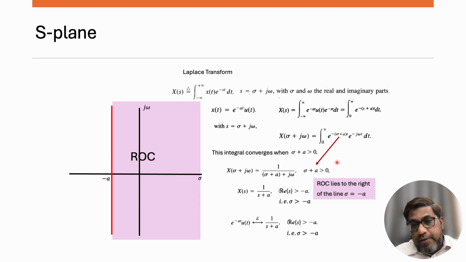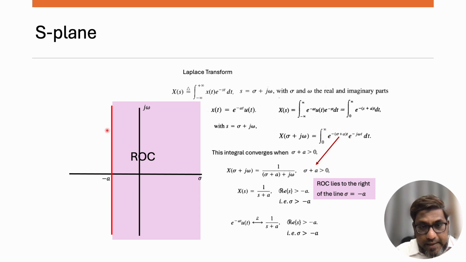When we take this a to the other side, we get sigma greater than minus a, or we also say that the real part of s is greater than minus a. And this is the region in the s-plane for which the algebraic expression for the Laplace transform X of s converges. So in this case, it is the region in the s-plane to the right of the line sigma equals minus a.